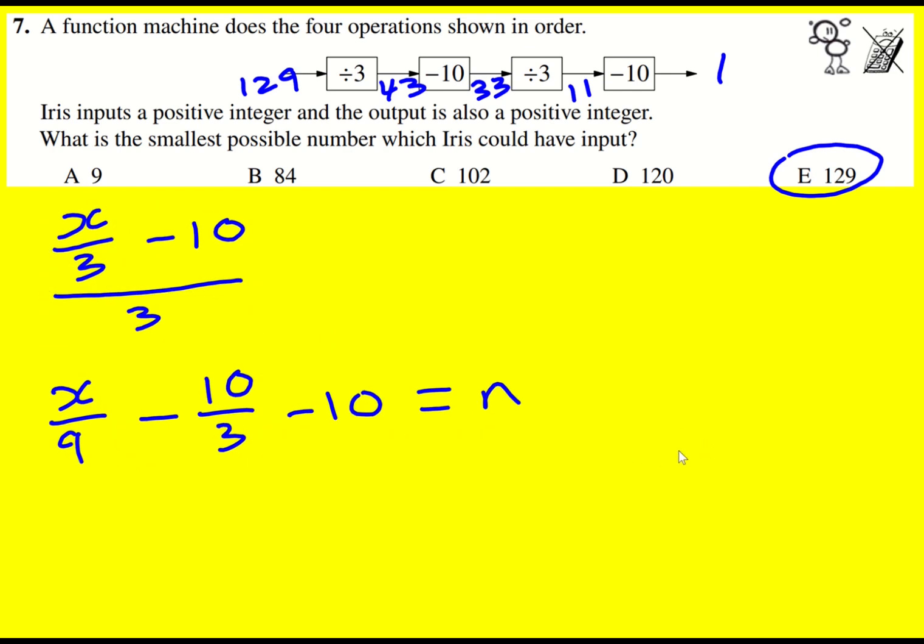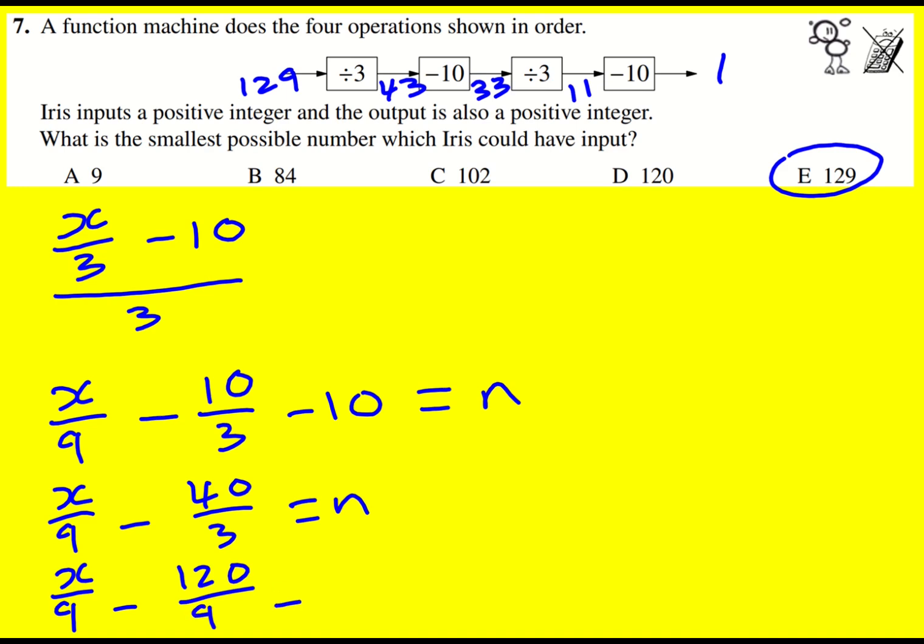So what to do next? Well, I could write minus 10 as 30 over 3. So x over 9 minus 10 over 3 minus 30 over 3. So that's going to be 40 over 3 when I combine those two fractions. It's going to equal n. And if I put it over a common denominator, it's going to be x over 9 minus 120 over 9 will equal n.